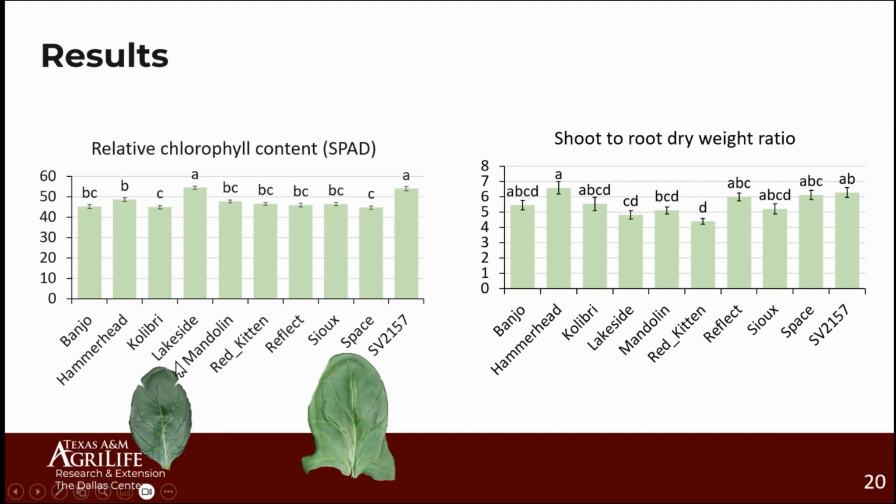So a higher SPAD number represents darker green and a lower one represents lighter green. And the shoot to root dry weight ratio is also important since we are harvesting the shoot instead of the root. And we also learned that hammerhead resulted in the highest number on this parameter among the cultivars.